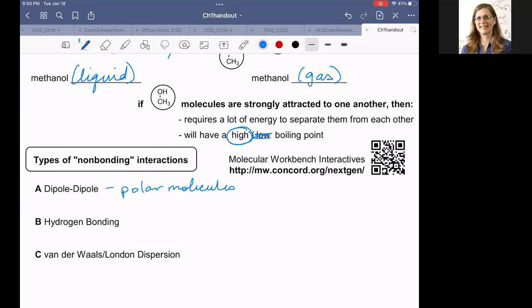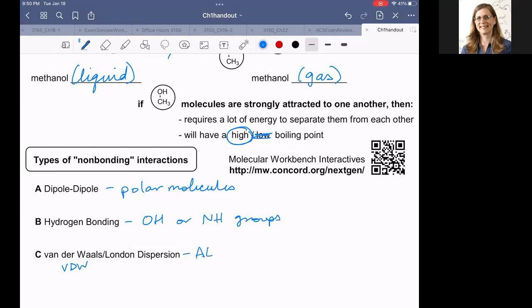We can also have hydrogen bonding, which is a very strong attraction that we have when there are OH or NH groups on a molecule. If you have an OH or an NH, we can have a special attraction described as hydrogen bonding. And then finally, we can have van der Waals, which sometimes I just abbreviate VDW, or London dispersion forces.